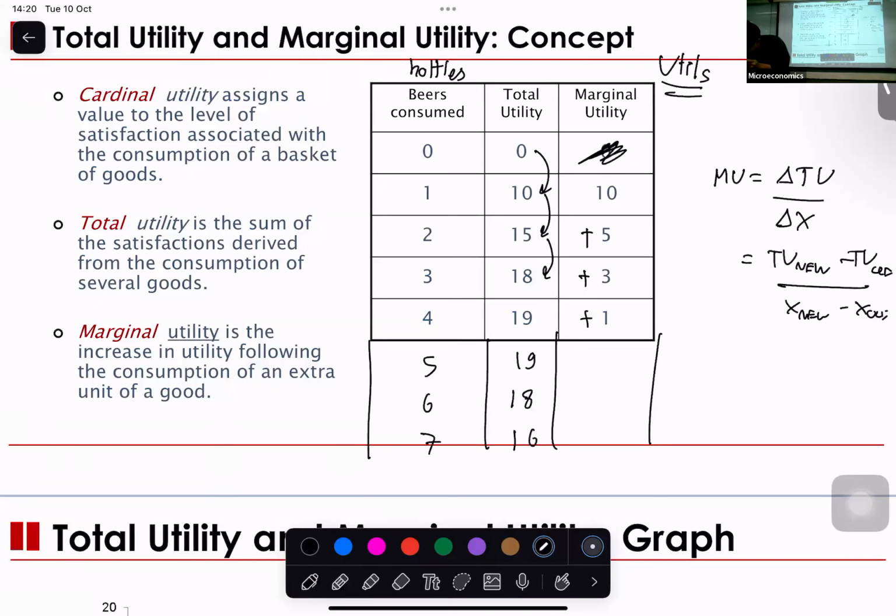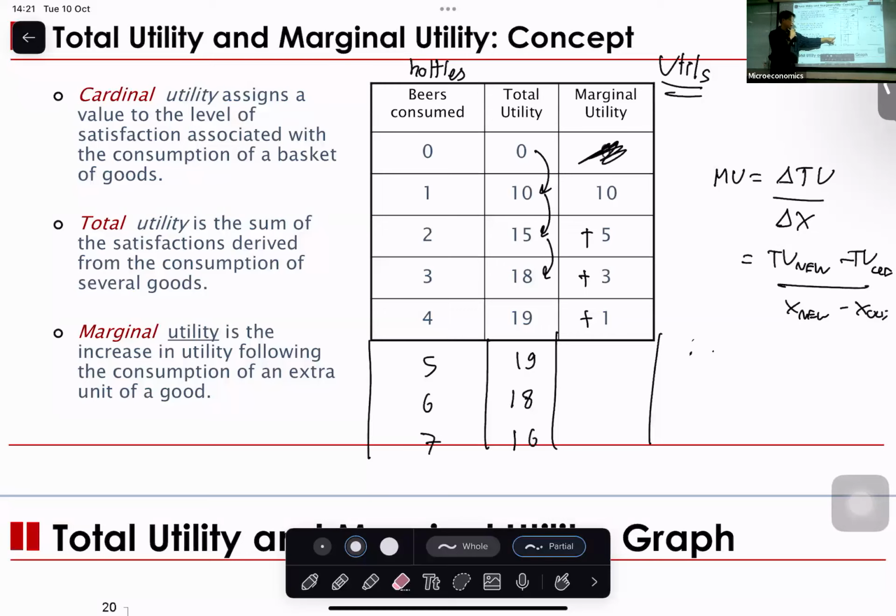For example, if we want to find MU from the second bottle, 15 minus 10 divided by 2 minus 1, that is 5/1. Use that formula. On the top, new total utility minus old, 15 minus 10, divided by 2 minus 1. Okay. All right.